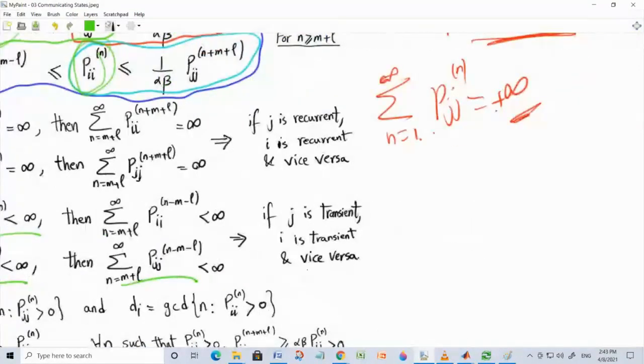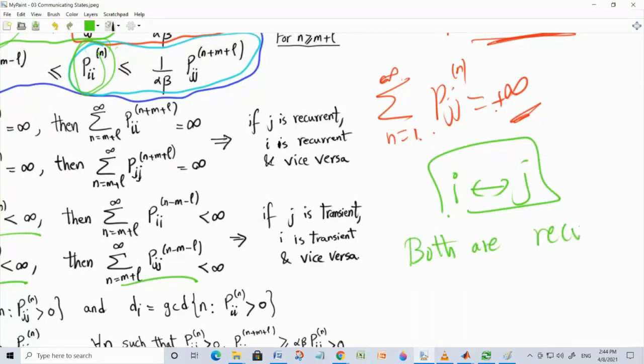The conclusion is that if I and J communicate, J is reachable from I and I is reachable from J, there is a strictly positive probability that after some number of steps you can go from I to J or from J to I. In that case, using the Chapman-Kolmogorov inequalities and the existence of those two positive probabilities, alpha and beta, you can show that if I and J communicate, then both are recurrent, or both are transient.